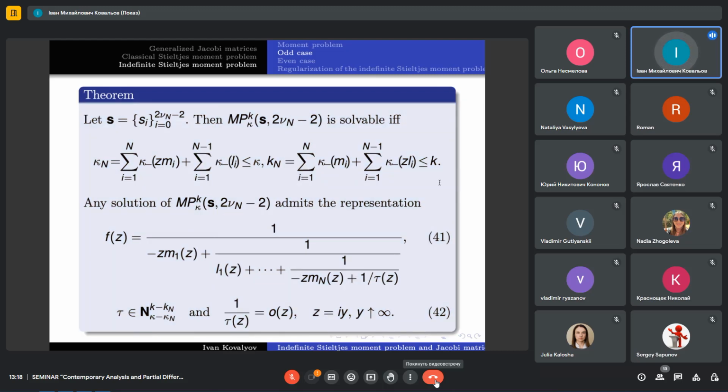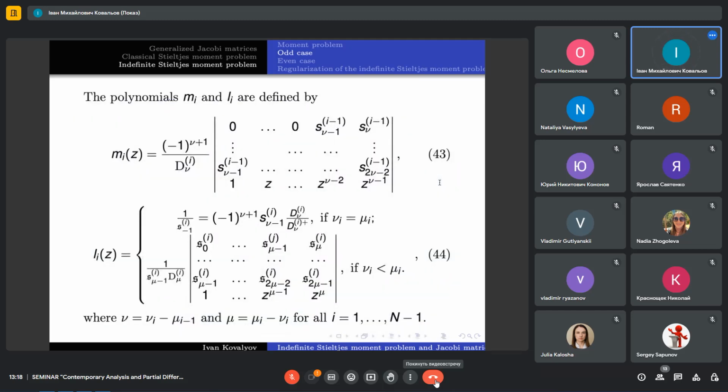And any solution of this problem admits the representation 40a, where the parameter tau satisfies condition 32, and polynomials m and l can be found by the following formula.